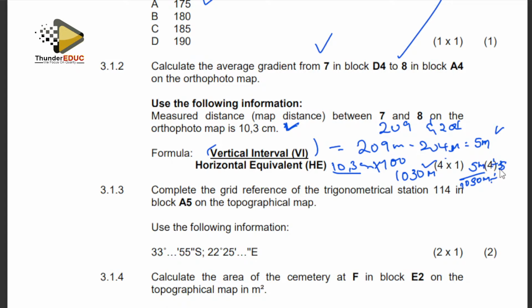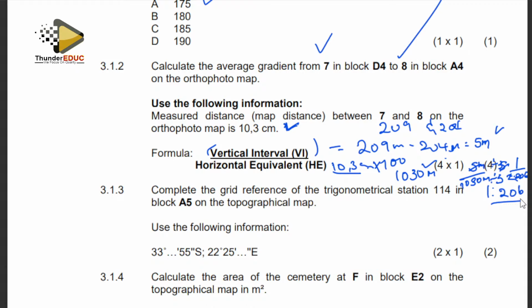So we divide by the smallest, which is 5, and we also divide the bottom by 5. 5 into this is 1, over 5 into this is, let me put it on my calculator, 206. So we have 1 over 206, but this is a fraction, so we write it as a ratio. It becomes 1 to 206. That one becomes our average gradient.